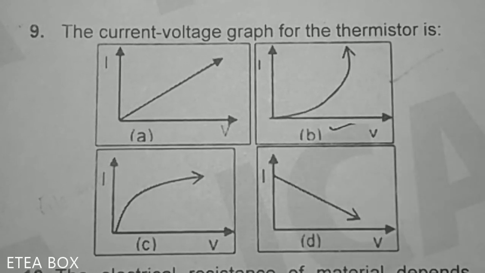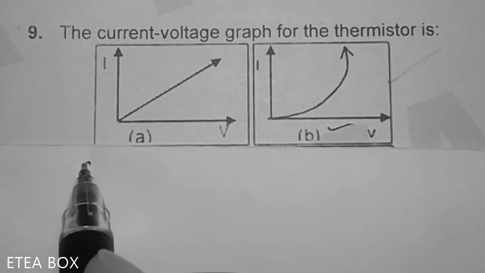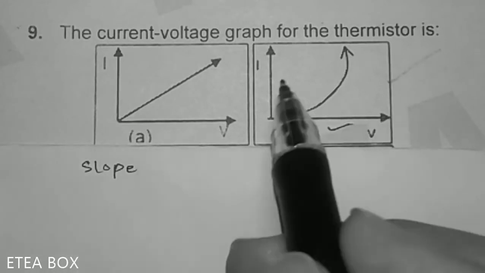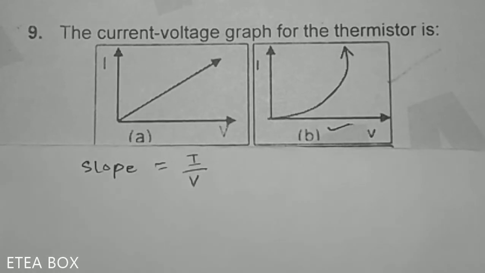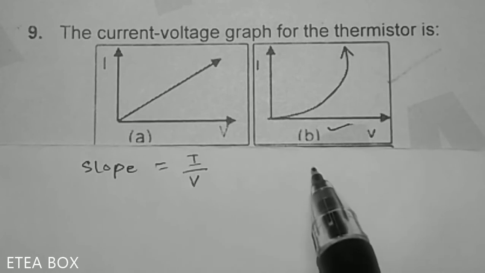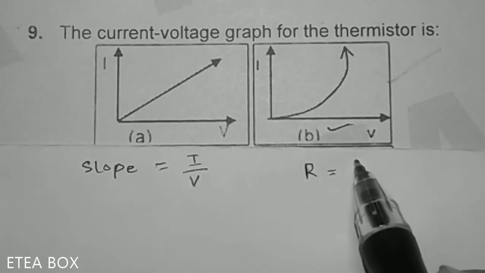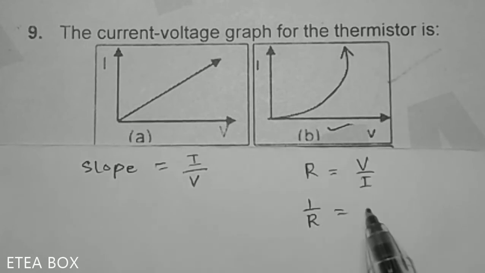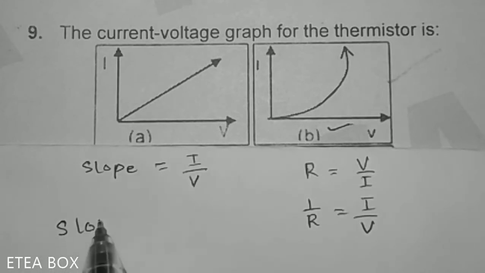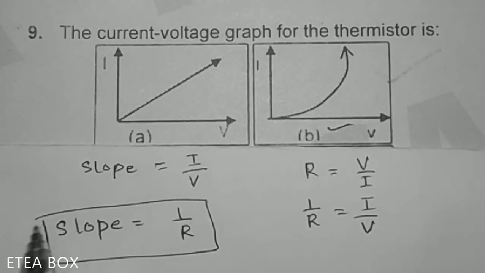Here we know that slope is equal to rise divided by run, I divided by V. We also know that resistance is equal to V divided by I, and 1 over resistance is equal to I divided by V. Now comparing these two equations, we get slope is equal to 1 over R. Now look, when the slope increases, the resistance decreases.